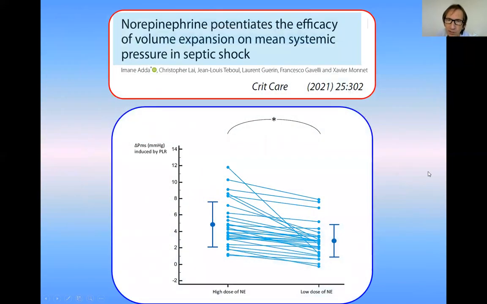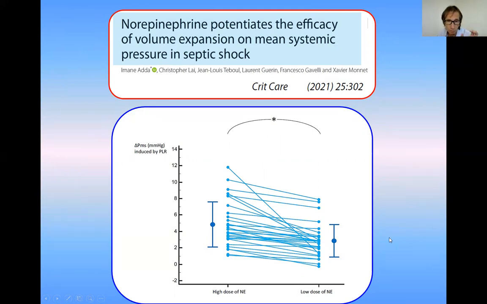This is what we investigated in this recent study with Imen Rahmani, Zeb Imon, and others in my unit. We performed passive leg raising, PLR, to replace fluid administration, and we estimated the mean systemic pressure as we did before, using the inspiratory and expiratory occlusion maneuvers. And we looked at the changes in mean systemic pressure, which with a high dose of norepinephrine is higher than the change in mean systemic pressure with a low dose of norepinephrine during PLR.